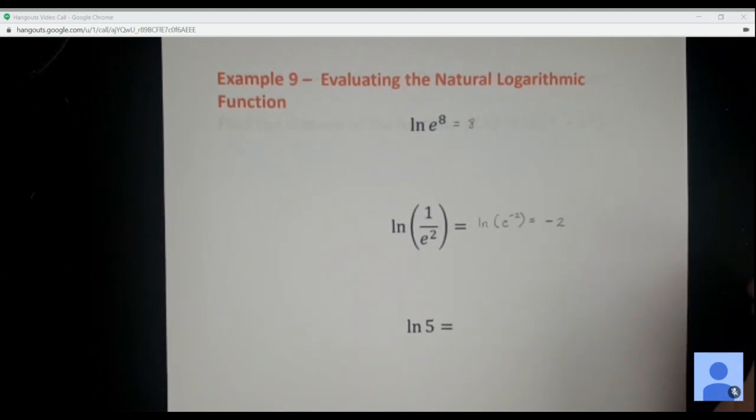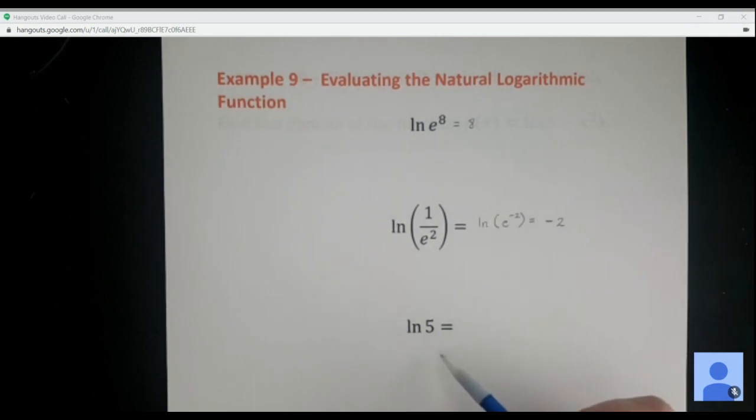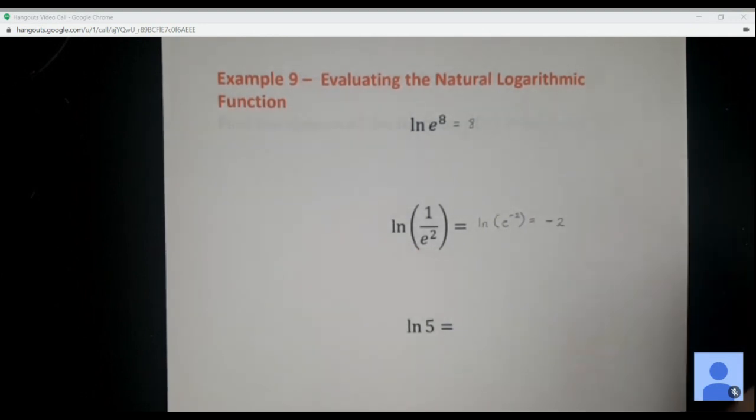Okay, e to the 0 power would be equal to 1, right? Because anything to the 0 would be 1, and that's not equal to 5 either. So can we make this look like any of those properties that we just looked at on the last slide?